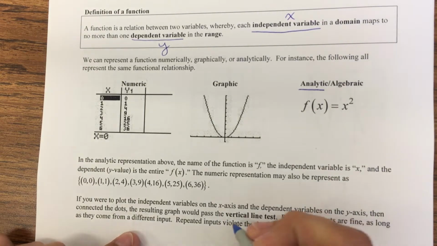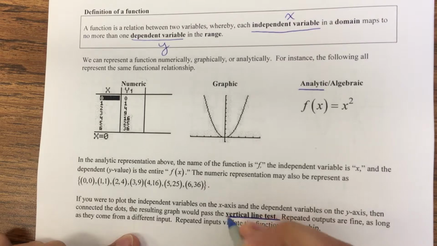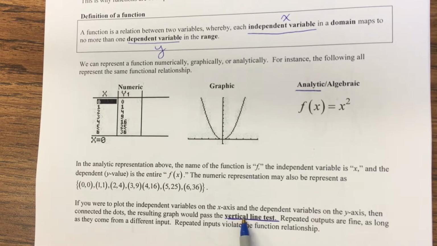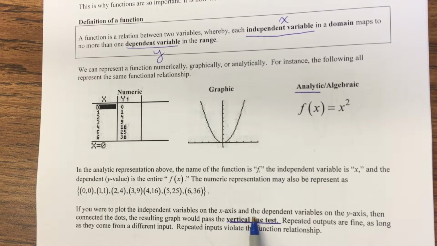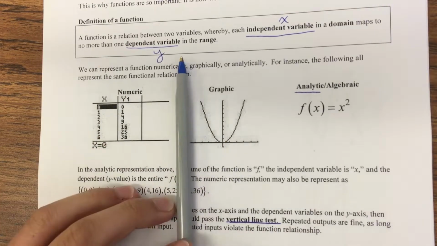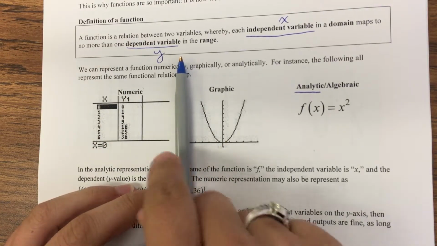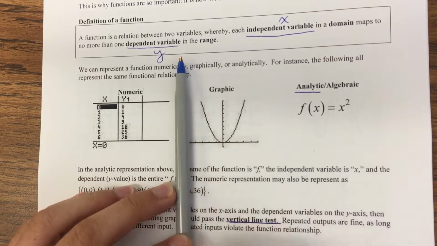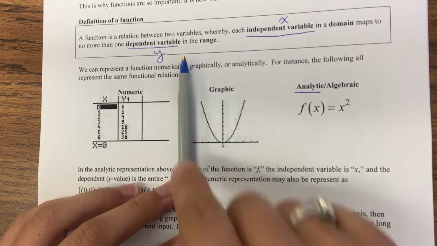The next thing that's very important is something called the vertical line test. This should be something that you have already seen before and you're familiar with. Remember that a function is only considered to be a function if it passes the vertical line test. If you look back up at this graph up here, I'm going to use my pen as my vertical line. As the pen passes over the function, if something is a function, it will only pass through the pen once.